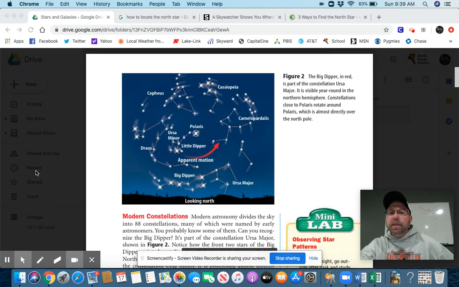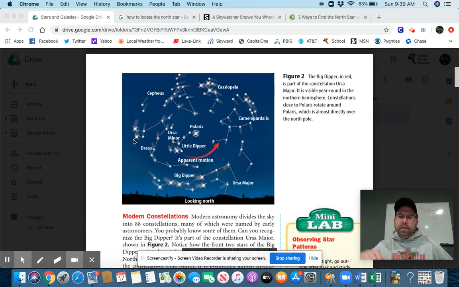All right. For us, many of the constellations appear to rotate around Polaris, or the North Star. Maybe you've heard of the North Star. It was used to navigate in early times and probably still can be. The neat thing about the North Star is that it's pretty much directly above our North Pole.